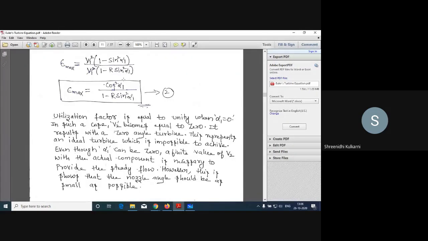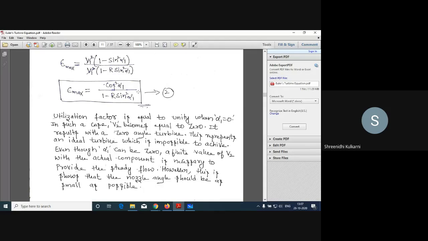Even though alpha 1 can be 0, a finite value of V2 with the actual component is necessary to provide the steady flow. However, this shows that the nozzle angle should be as small as possible.